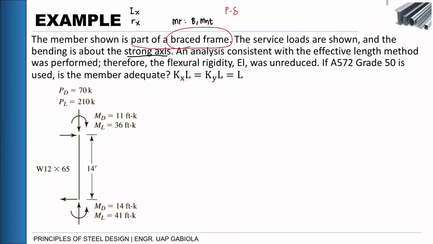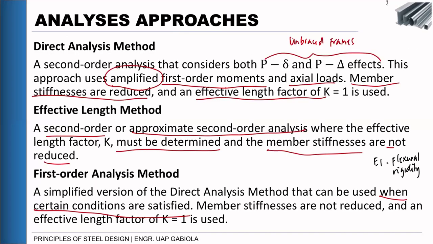An analysis consistent with the effective length method was performed. This means that in the effective length method approach, we assume that the effective length factor must be determined and the member stiffnesses are not reduced. So our EI is full and K must be determined.